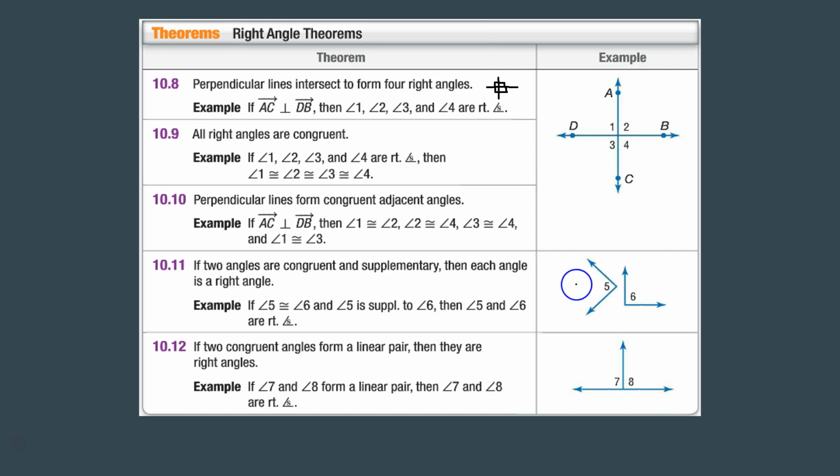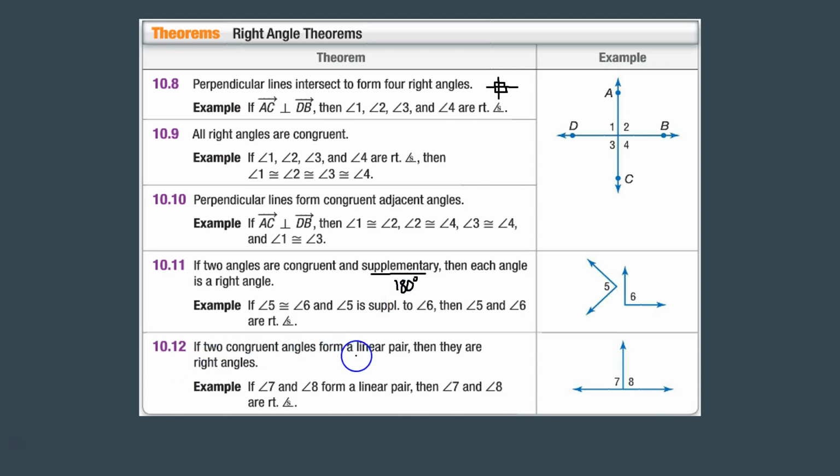So in our case here, if angle 5 is congruent to angle 6 and 5 is supplementary to angle 6, then they must be right angles, which means they must be 90 degrees. 90 plus 90 is 180, which would help us with our supplementary angles because that would be 180 degrees.